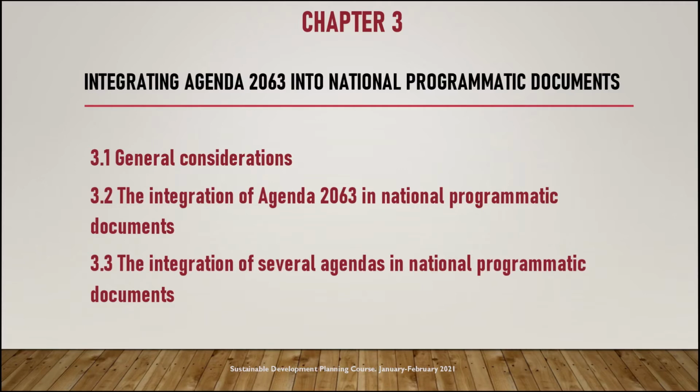The second one is relating to the integration of the agenda itself into national programmatic documents. And the third one is relating to how we integrate several agendas into national programmatic documents using the PDUP framework.